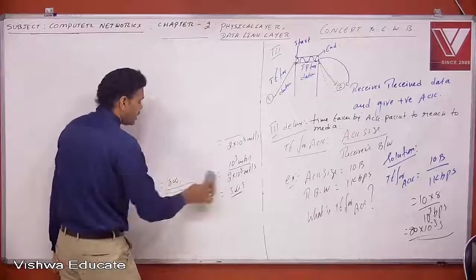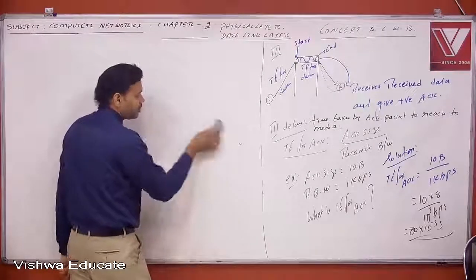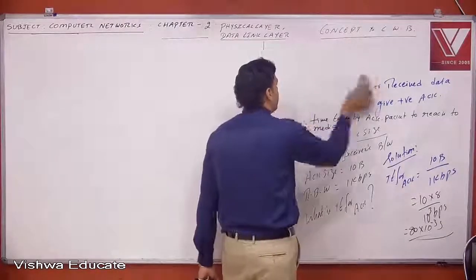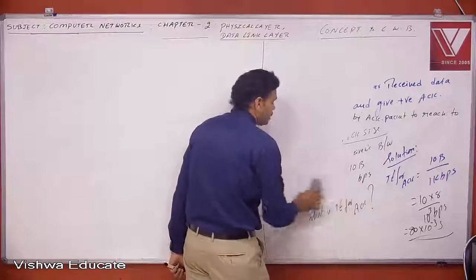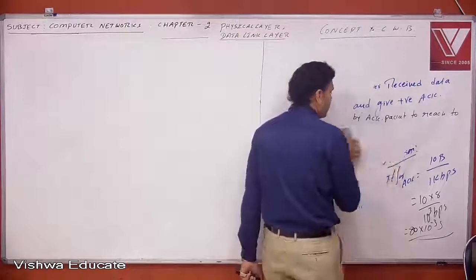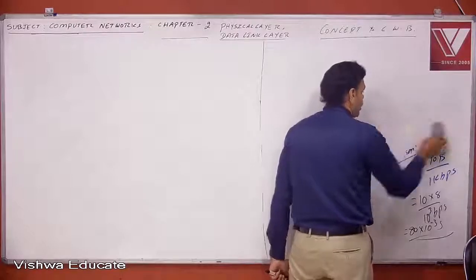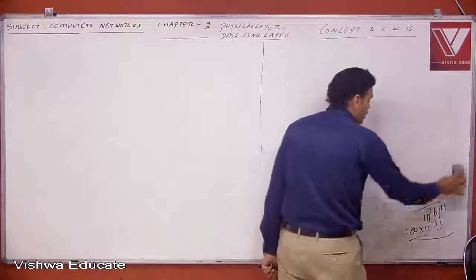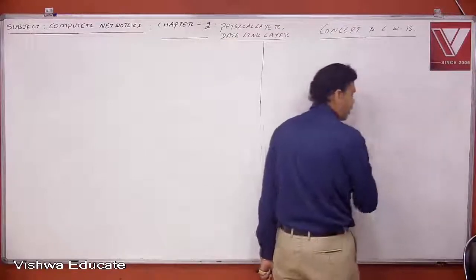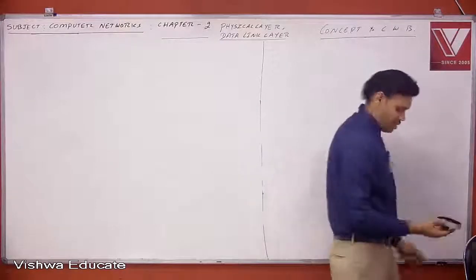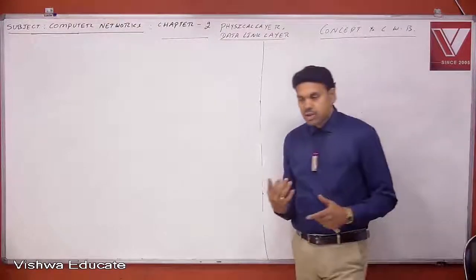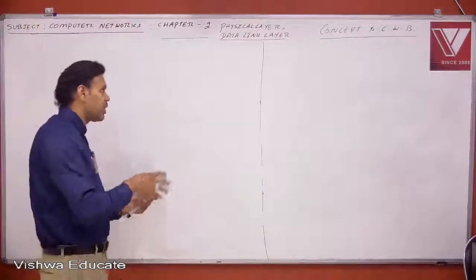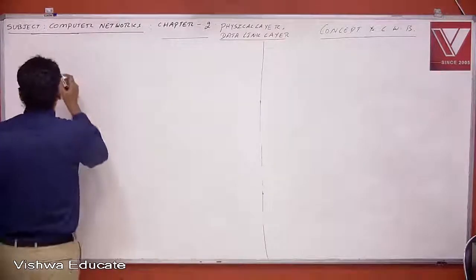One is sending data from sender to the media, that is the TT for data, and the other one, propagation of data in the media from one end of the media to the other end. And the third one: once the data is received by the receiver, it is going to give you positive or negative acknowledgements. So we need to identify the time taken by the receiver to push the acknowledgement packets into the media.